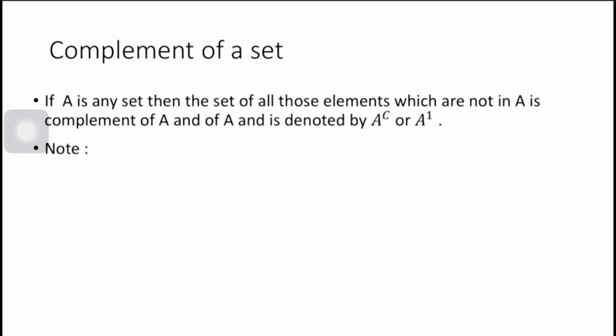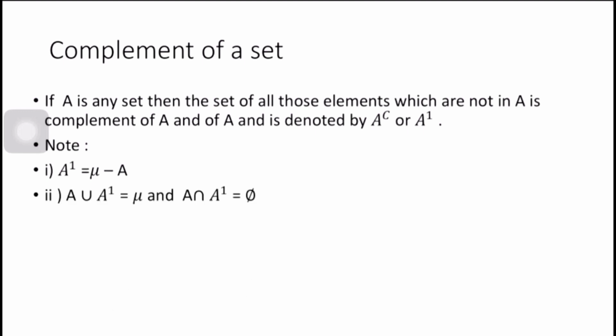Here one important note: A dash is equal to mu minus A. Second one is A union A dash is equal to mu, and A intersection A dash is equal to phi. These are important properties.